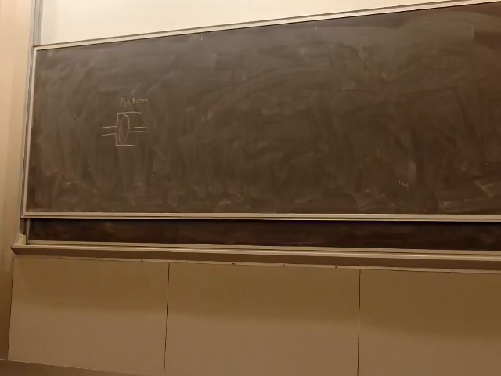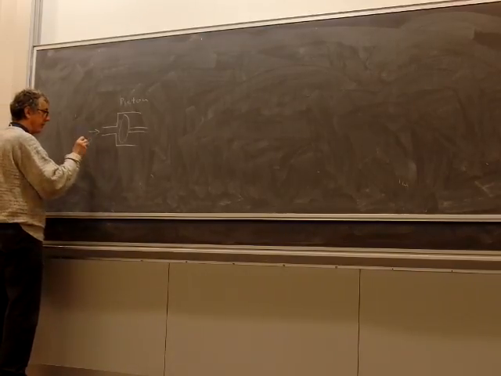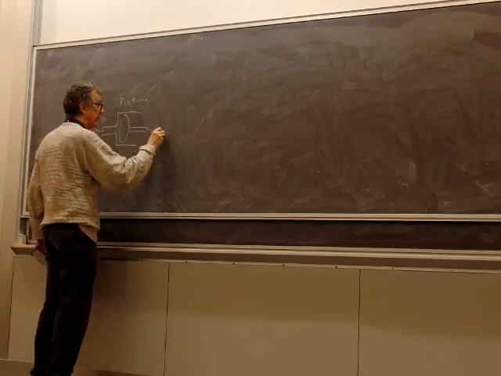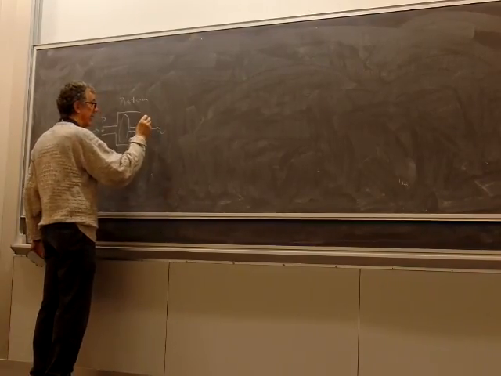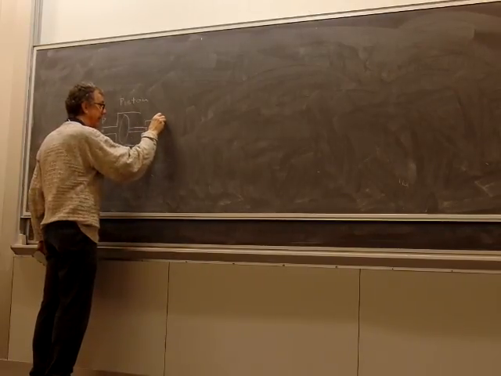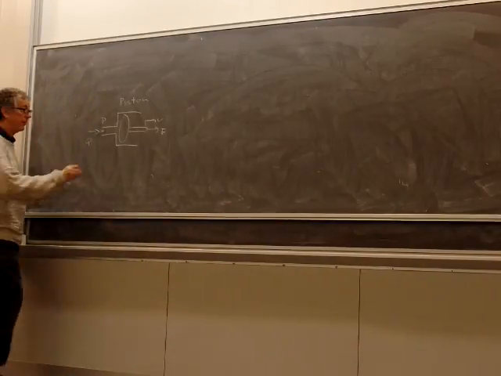You can generalize this to not just pistons, but all kinds of hydraulic devices. On one side I have fluid flow, maybe some volumetric flow, and it has some pressure. On the other side I have some velocity and some force. This piston has some area A.